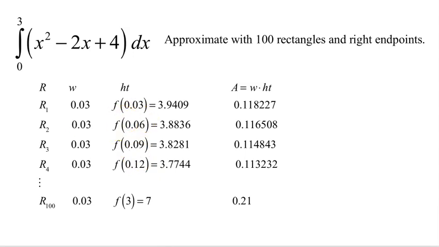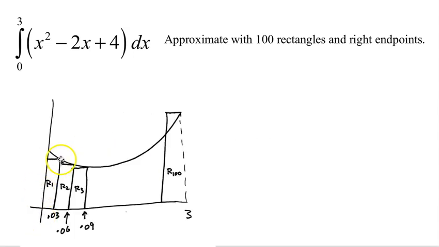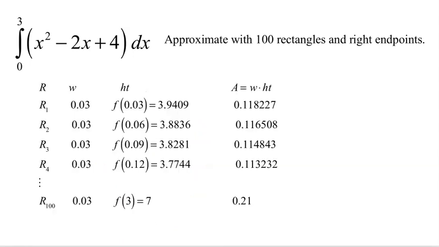So using the right endpoints, again, notice this height is the value of the function at 0.03. This height for rectangle 2 is the value of the function at 0.06. Rectangle 3, the height is the value of the function at 0.09. Rectangle 100, the height is the value of the function at 3. So I take width times height to get the area, and I have those 100 numbers. Now this should be a better approximation than my first example, but I don't expect it to be perfect.